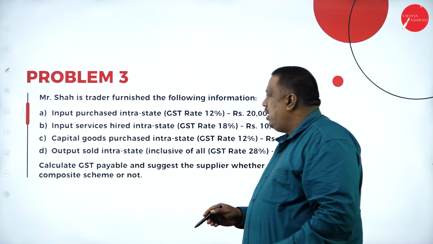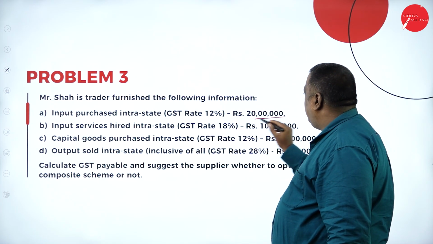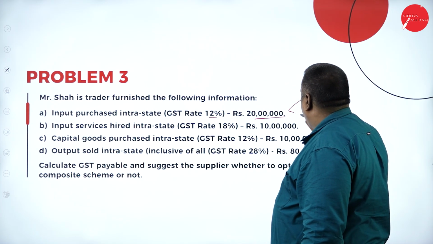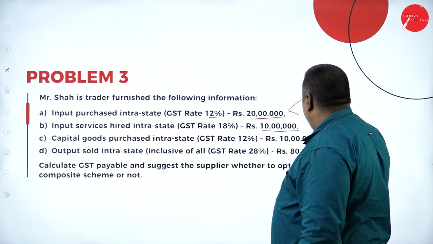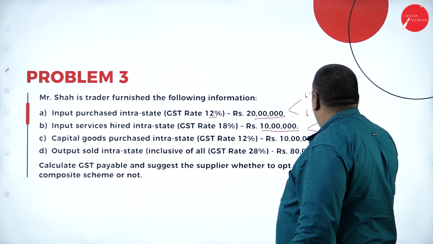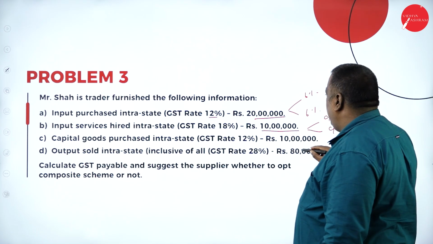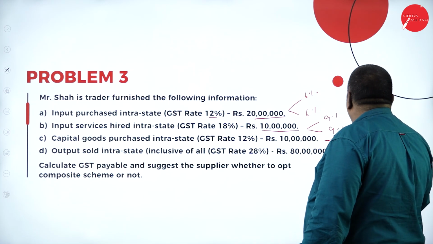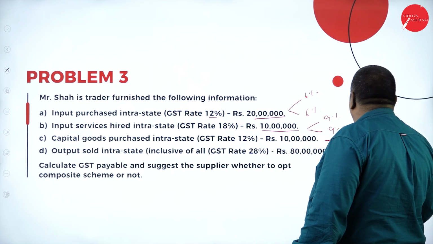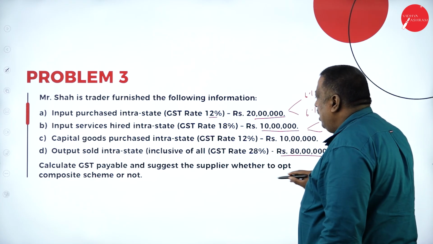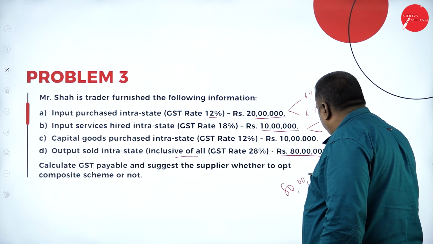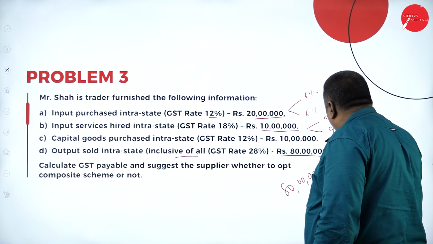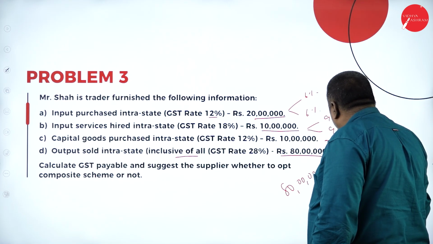In the next concept, it is 20 lakhs into 12%, that is 6%, 6%, 10 lakhs, that is 9%, 9%. Again, it is 10 lakhs, 6%, 6%, 80 lakhs inclusive here, 80 lakhs into 14 by 114.